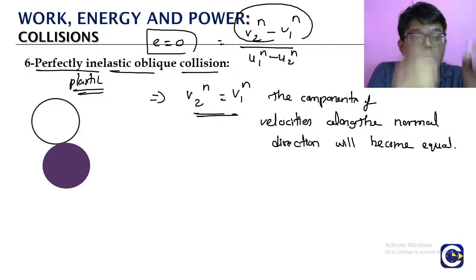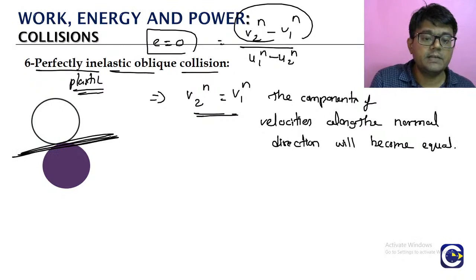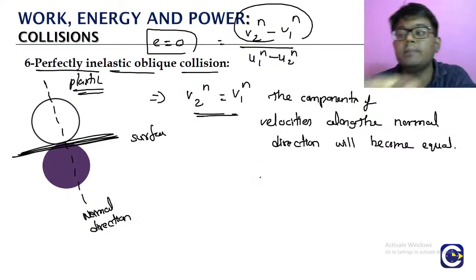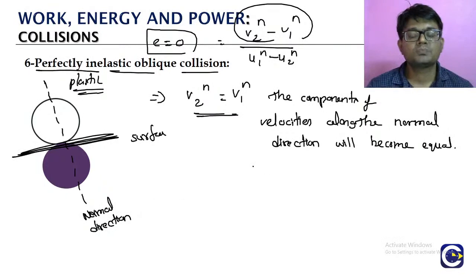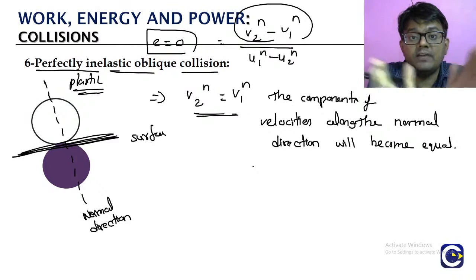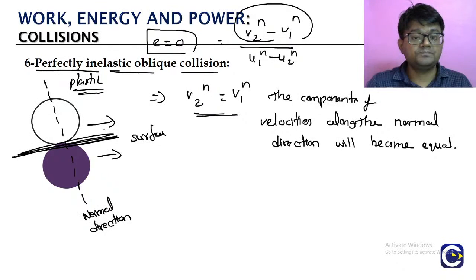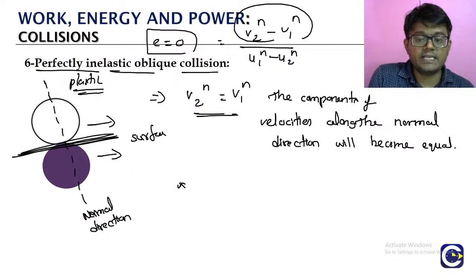Look at this. This is the contact surface. This is our normal direction, right? The components of velocities along the normal direction will become same after the collision. That does not mean that they will move together, right? Why? Because if their velocity components parallel to surface are different, then will they move together? They will not move.